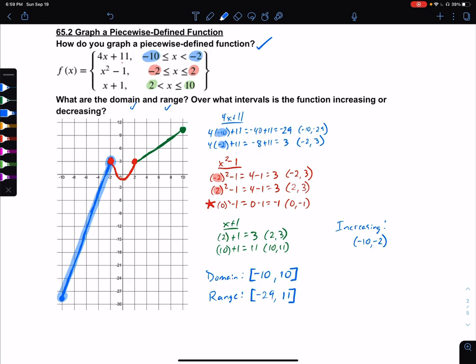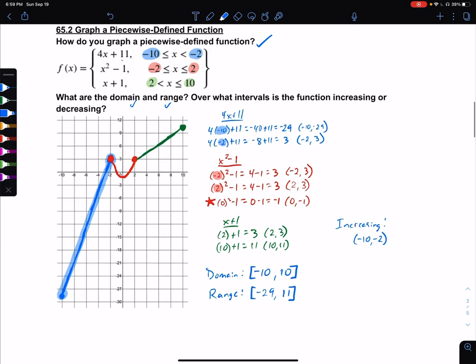But we also have another part of the graph that increases. And that's going to happen right here. It's going to increase along this curve here and then continue for the rest of our graph. So that increase happens again, from negative 10 to negative 2 and from 0 to 10.